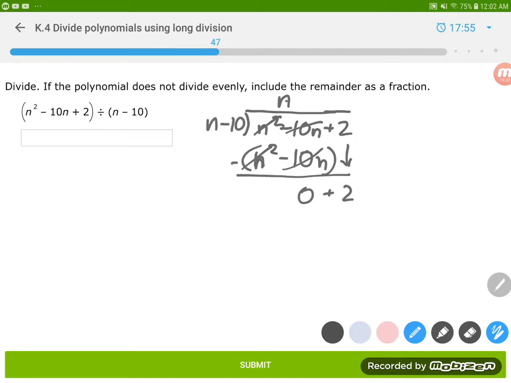And can n divide 2 a whole number of times? Well, no, it can't. So this is going to equal n, the number that divided a whole number of times, plus our remainder, which was 2, divided by the original number, n minus 10.